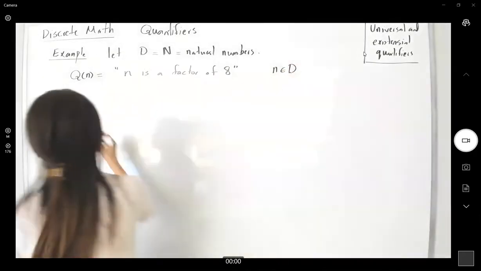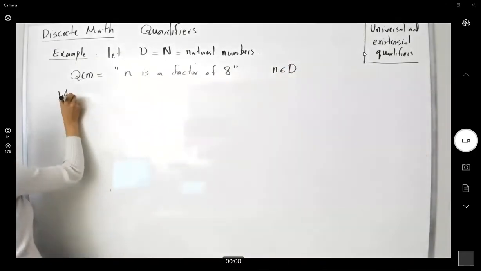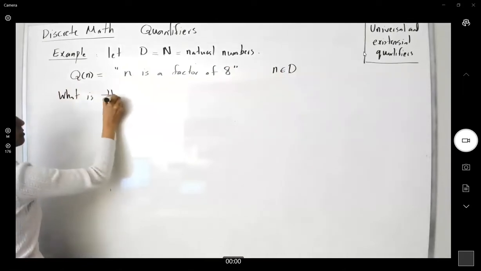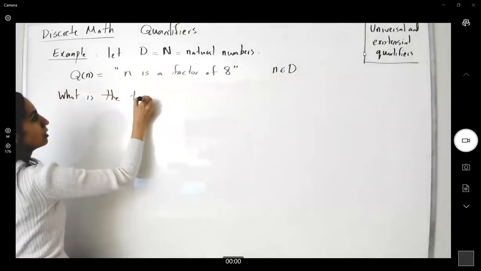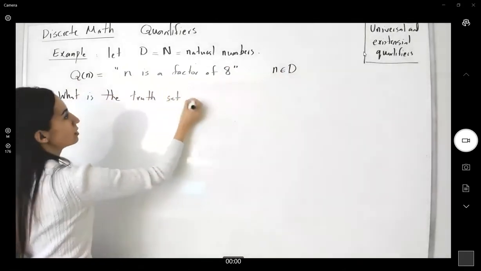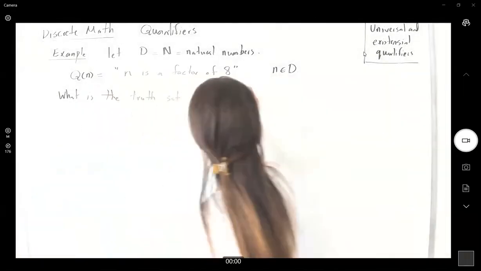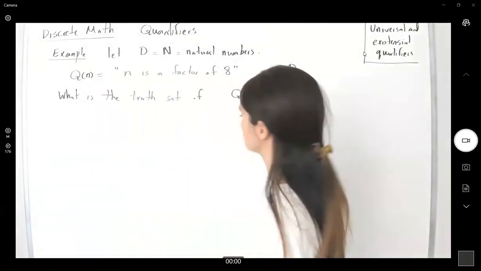The question says, what is the truth set of Q of n?